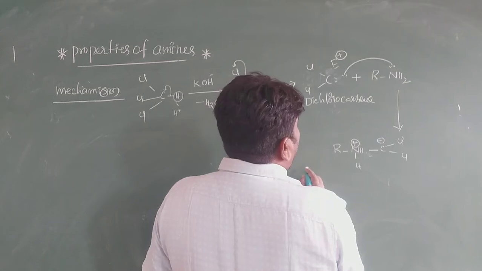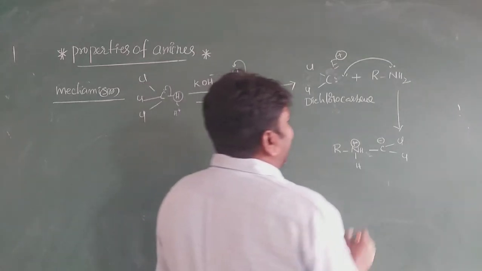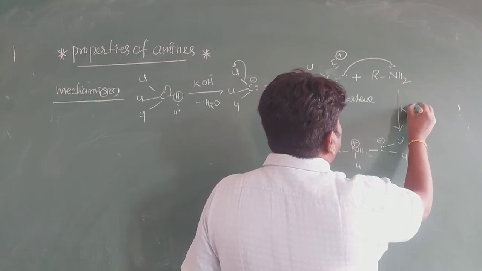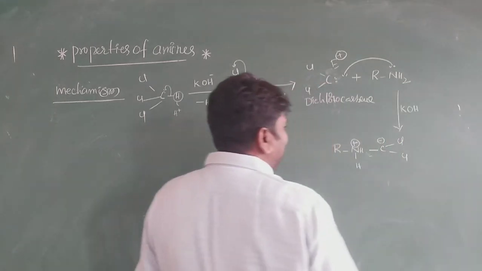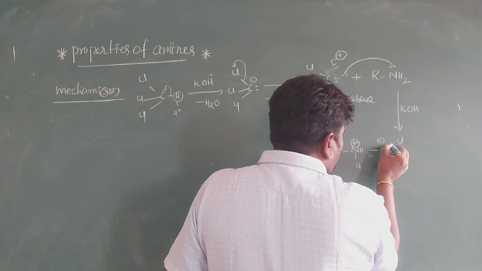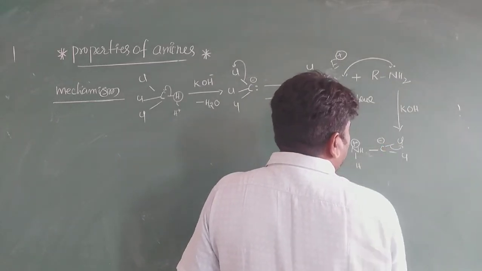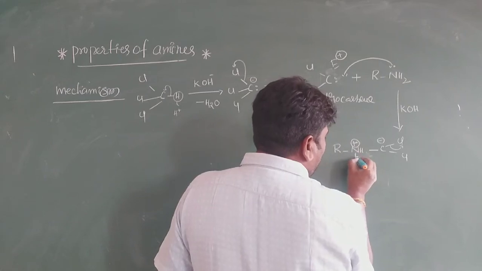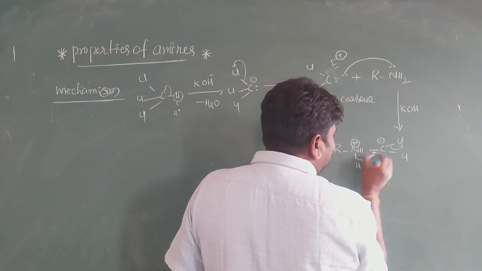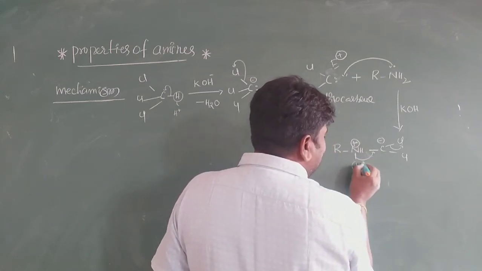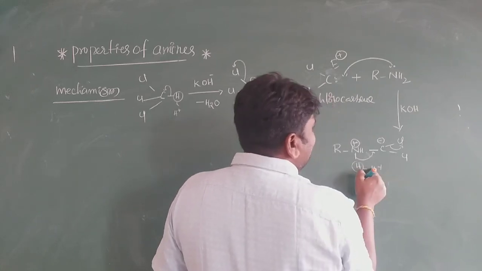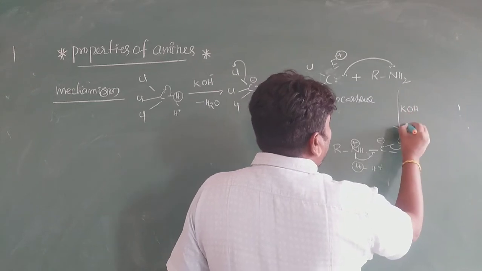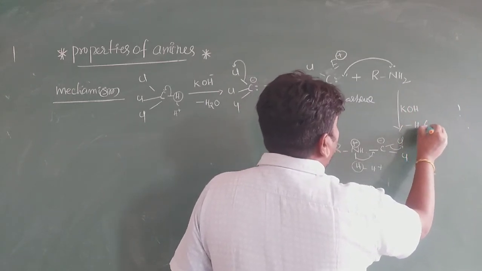Next, in the presence of KOH, same thing. What happened here? These two electrons are gained by this one. At the same time, these two electrons are shifting to here only, so it is eliminated as H plus. This H plus and OH minus, H2O is eliminated.